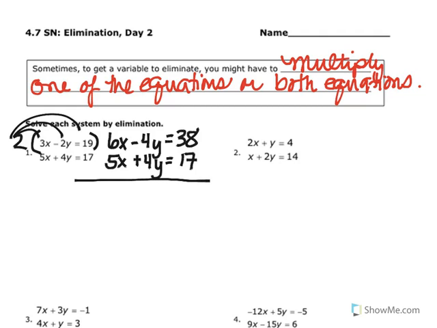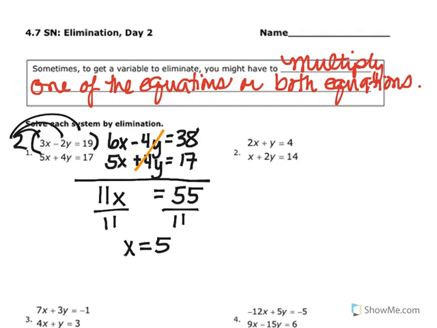And so we have 6x plus 5x equals 11x, minus 4y plus 4y, opposites, they're going to cancel out, and then 38 plus 17 equals 55. So we divide by 11, and x equals 5.